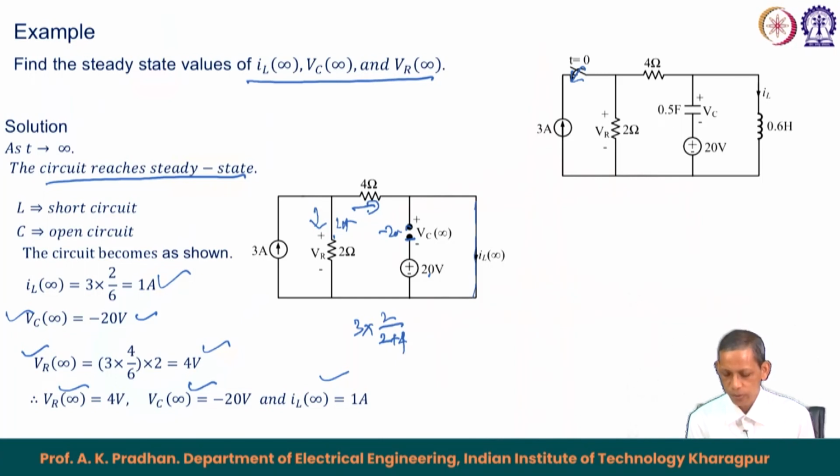The other point I would like to clarify here: when the current flows in the inductor like this, let us say I_0 is flowing like this, this current will only circulate at different paths. The current direction does not change in the inductor following the switching.